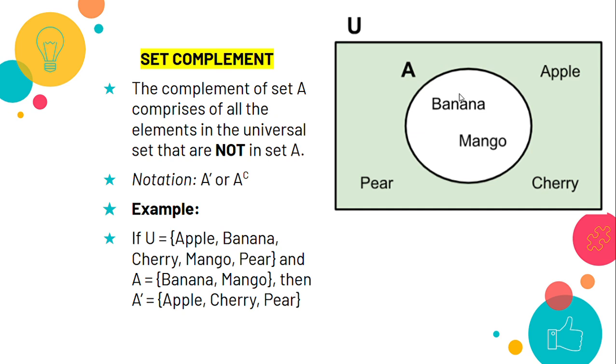So as we said before, set A is everything that's contained in the circle labeled A. So set A contains only mango and banana. So everything else outside of set A, which is again shaded, would be a part of the complement of set A. So we denote it as A prime or A superscript C.